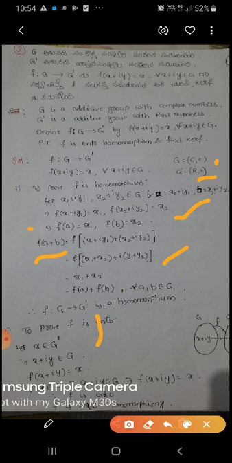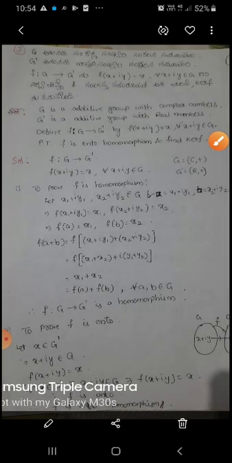So now we will prove that f is onto. Let x belong to G', which implies x + iy belongs to G, and f(x + iy) = x. So there exists x + iy belonging to G such that f(x + iy) = x.